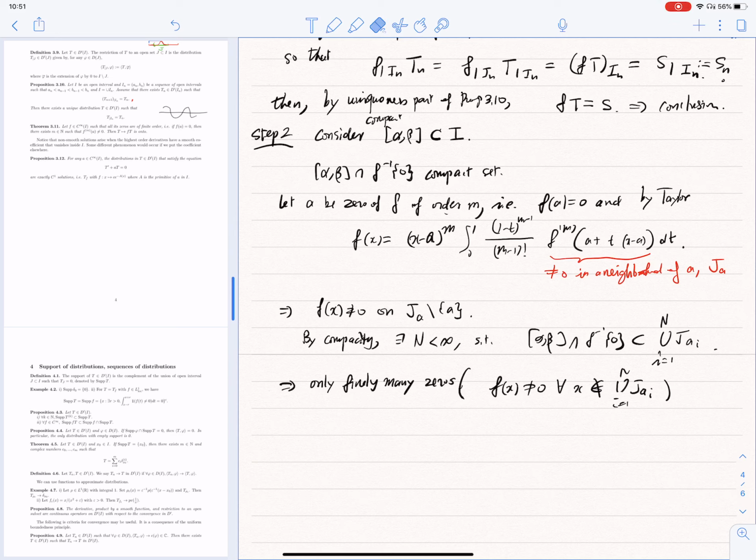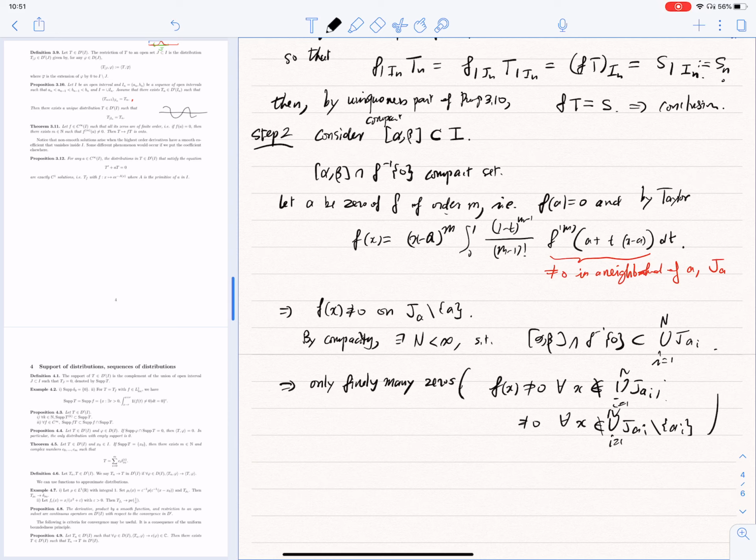And also, it is not zero for any x inside this J_{a_i} union when you remove the center.